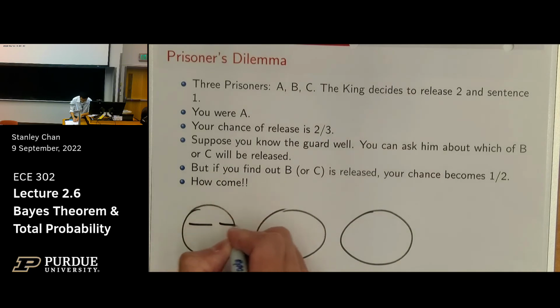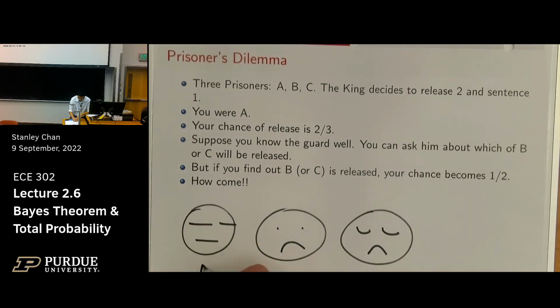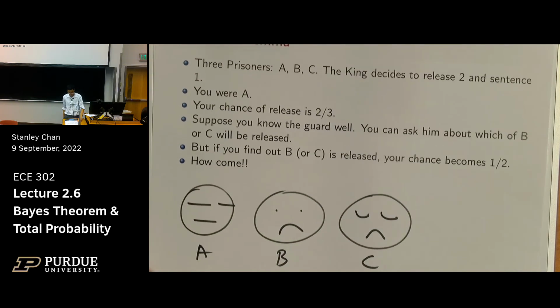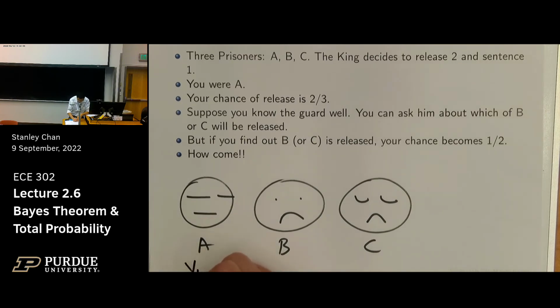No. Three prisoners: A, B, and C. You are A. Sorry, the king is not me.